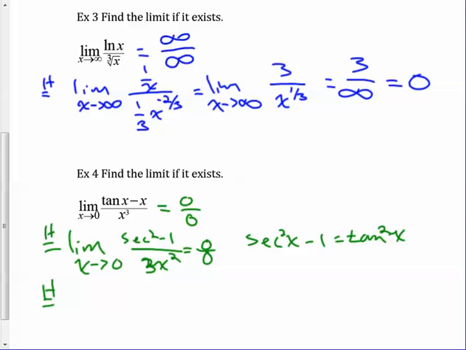So the derivative of tan squared x is 2 tan x secant, we'll have over 6x.